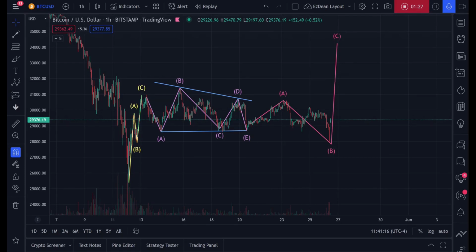So instead of a flat correction at the initial break of structure, it could be a zigzag, or instead of a triangle in the middle structure, it can be a flat correction or even a zigzag, right? It depends, right? So right here we have a flat, a triangle, and a flat for the pivot.